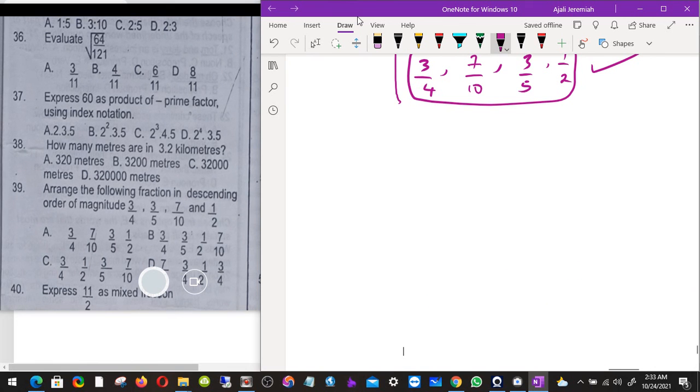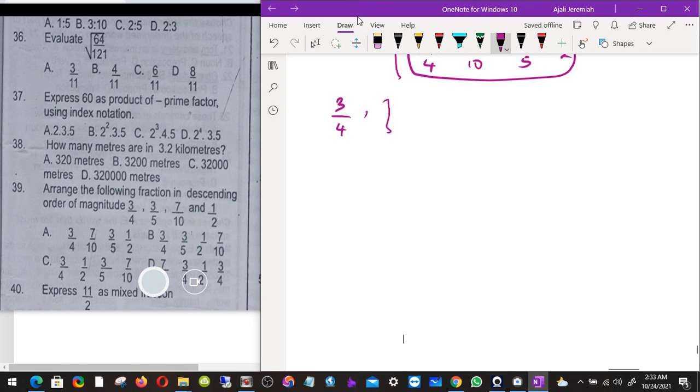So 3 over 4, 3 over 5, 7 over 10, 1 over 2.